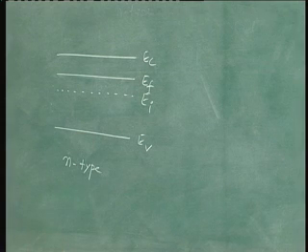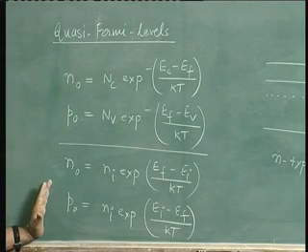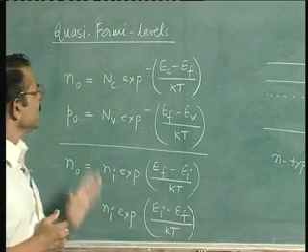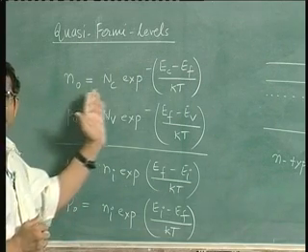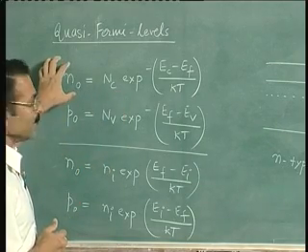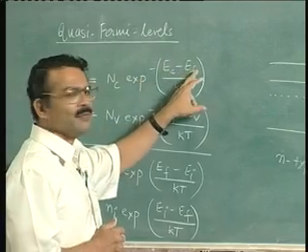Now, can we use similar equations also under non-equilibrium conditions when excess carriers are present? There is nothing that prevents us from using similar equations, that is, to relate the electron concentration to the difference between the conduction band edge and a Fermi level.